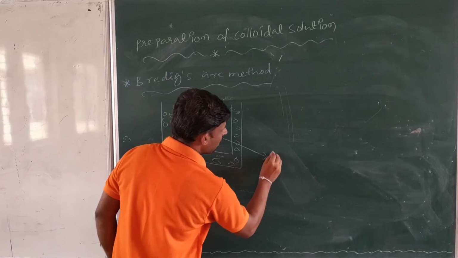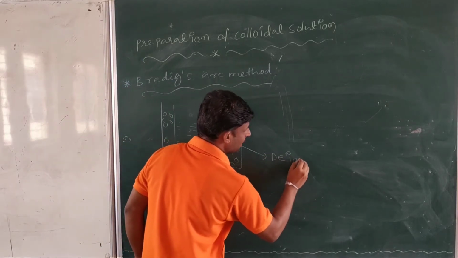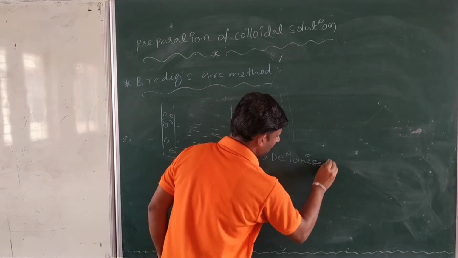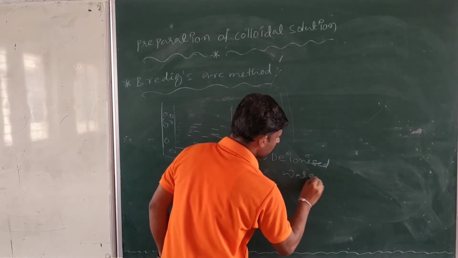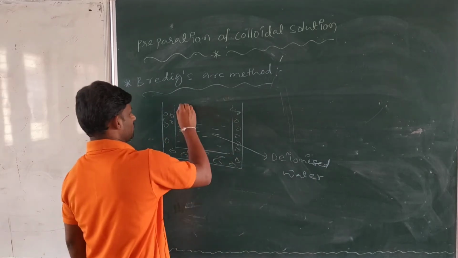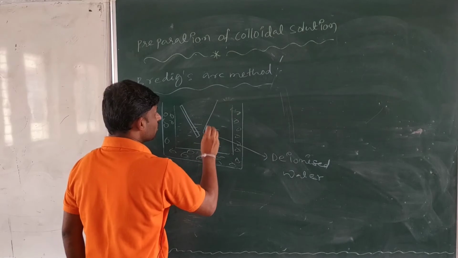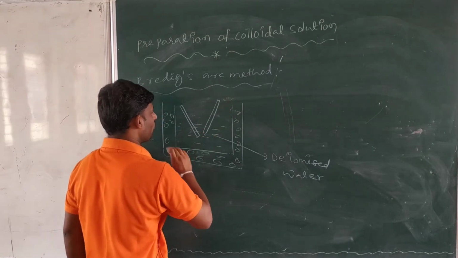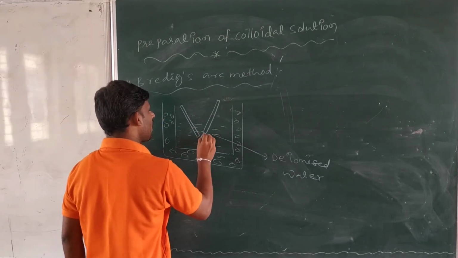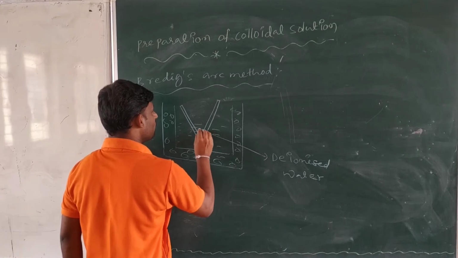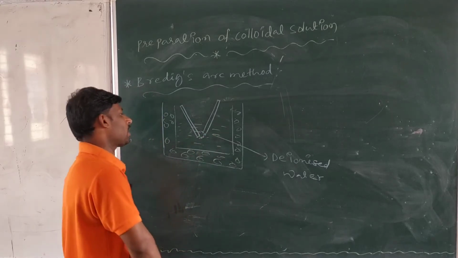This is deionized water. And I am keeping 2 electrodes close to each other. While passing electricity, what is happening? Here one arc is produced. Between these electrodes, an arc is formed.